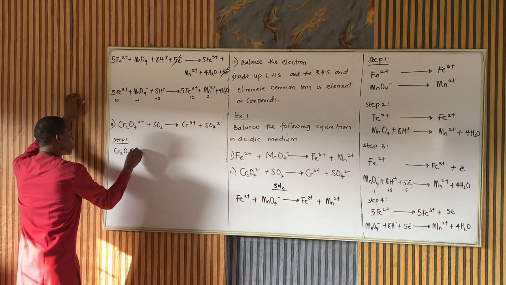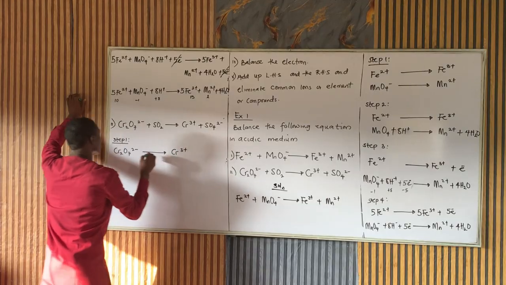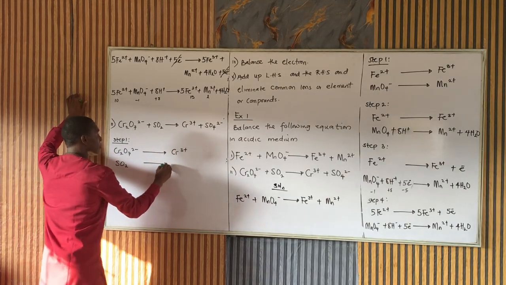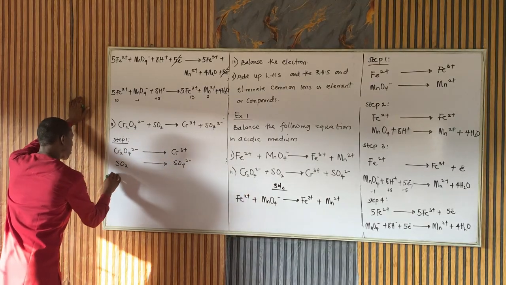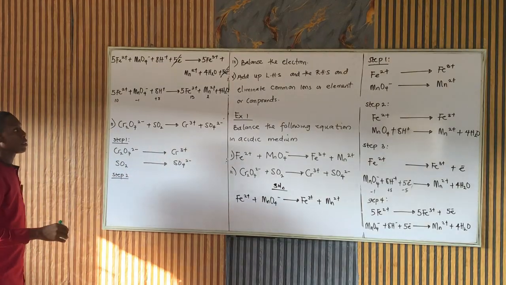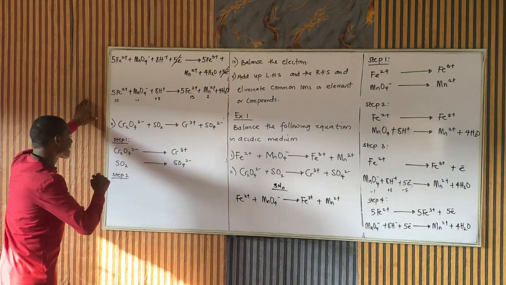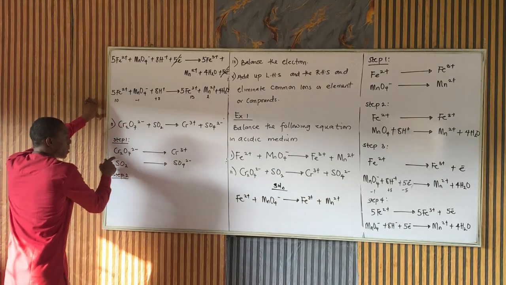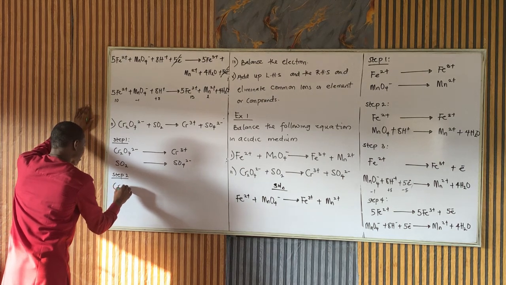Cr2O7 2 minus to become Cr3 plus, and SO2 to become SO4 2 minus. That's step 1. Step 2 is to balance the atoms. Right here, we have 2 chromium, but 1 chromium. That's not balanced. So we'll do that firstly.